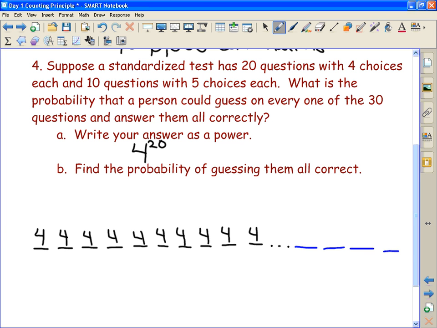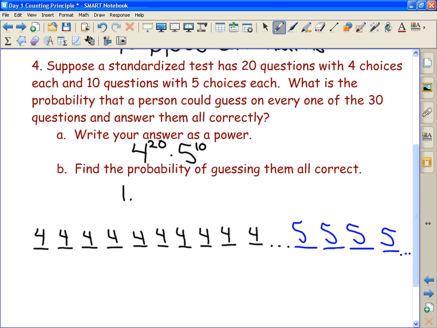So here are my last 10 questions, and each of those have 5 choices. So that's going to look like 5 to the 10th power. Okay, so we have 4 to the 20th times 5 to the 10th. And I believe if we use our calculator here, we can just punch it right in.